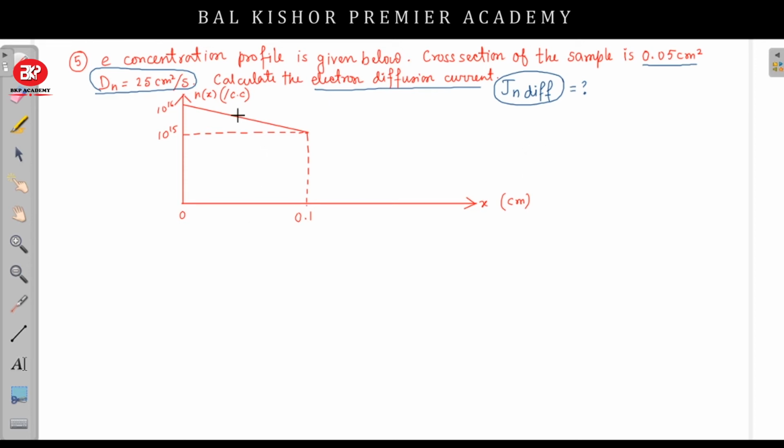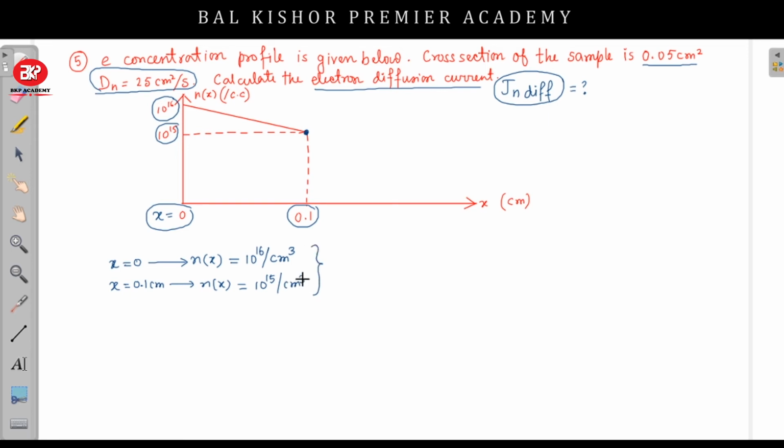Now we know, if you see the graph, it is the electron concentration profile, at x equals to 0 you can see the concentration is 10 to the power 16 per centimeter cube, and when the distance is x equals to 0.1 centimeter, then the concentration is 10 to the power 15 per centimeter cube.